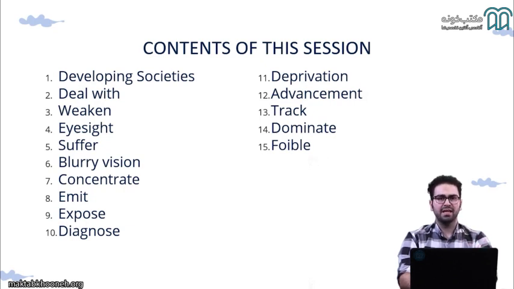Try to make your brain create sentences and try to boost your creativity when you're using these vocabs, and try to make your sentences as large and lengthy as possible, or we can say lengthen your sentences. How to lengthen your sentences, like weaken the eyesight.